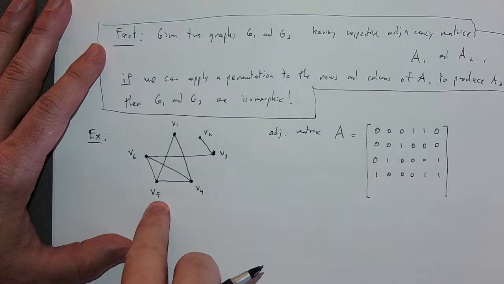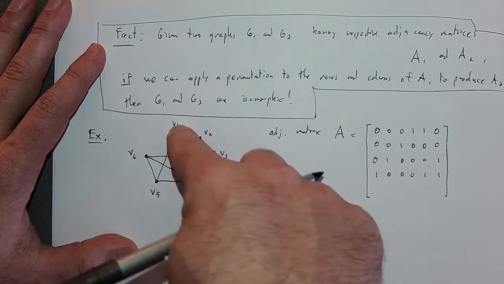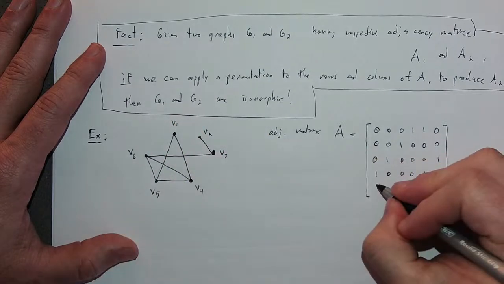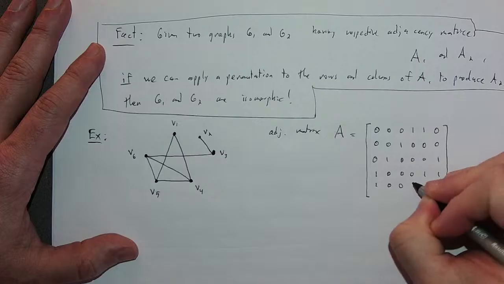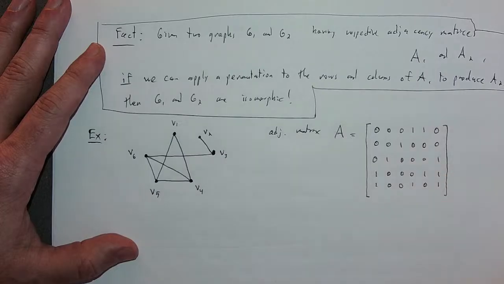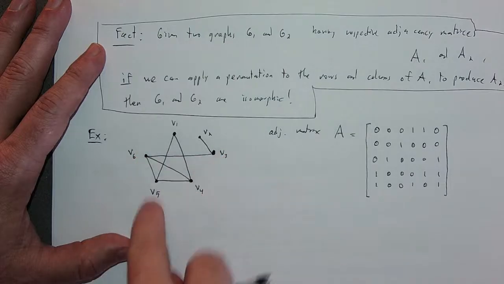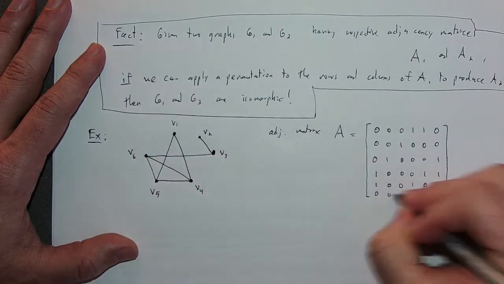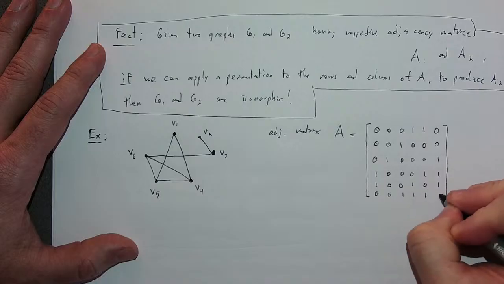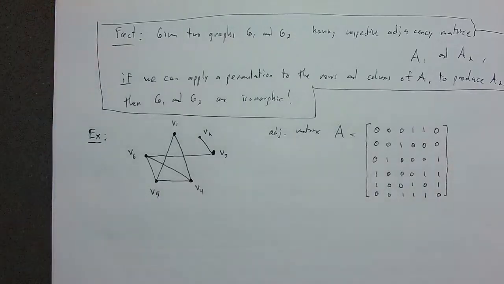Vertex 5 is adjacent to 3 vertices, 1, 4, and 6. And lastly, vertex 6 is adjacent to 3 vertices, 3, 4, and 5. So there's our adjacency matrix for this graph. Okay.